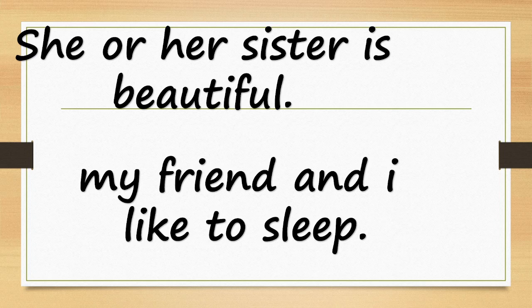How about the second sentence? My friend and I like to sleep. What are the subjects? The two subjects in that sentence are my friend and I, and they are connected by the word and. Very good. I'll give you a perfect 10 score for that.